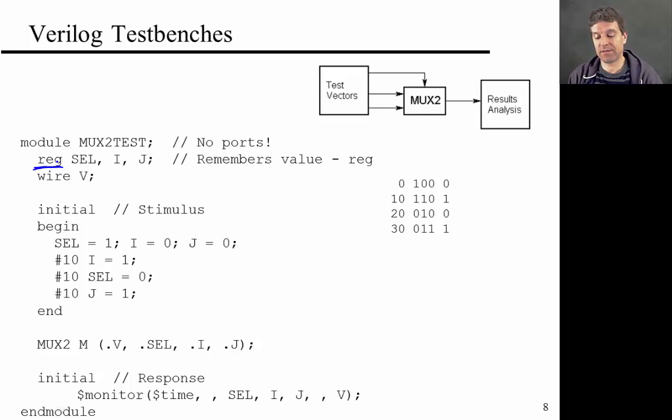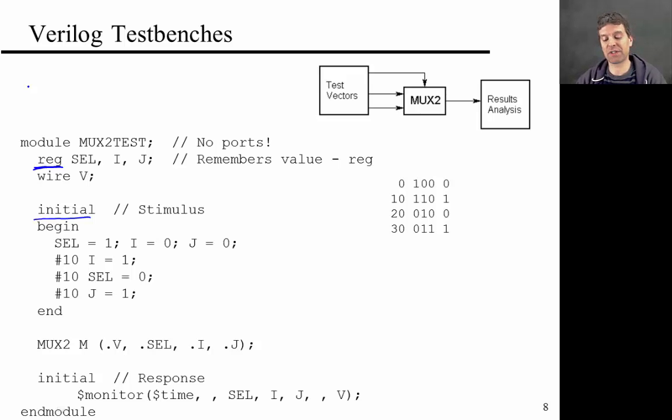Within an initial block, as we find here, you're going to use register as opposed to wire. Outside of initial blocks or always blocks, generally you could use wire.